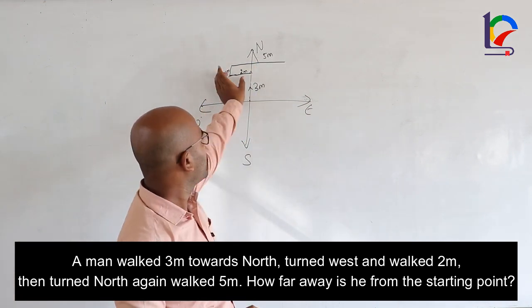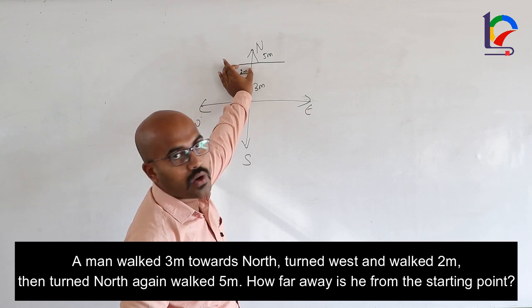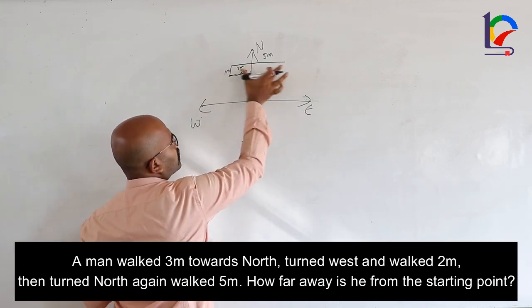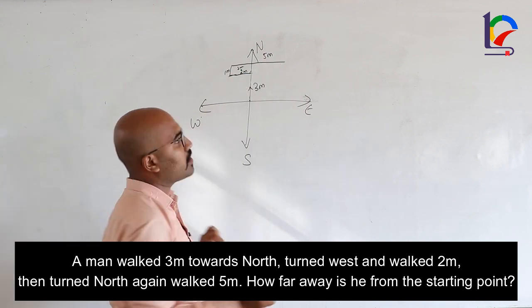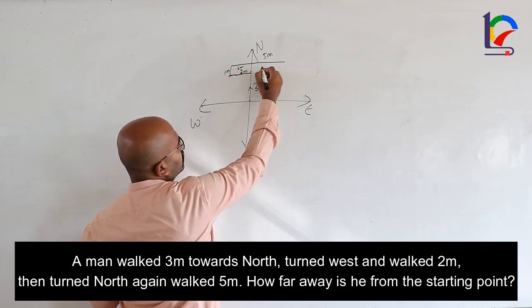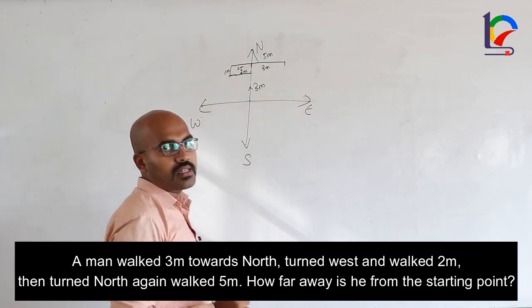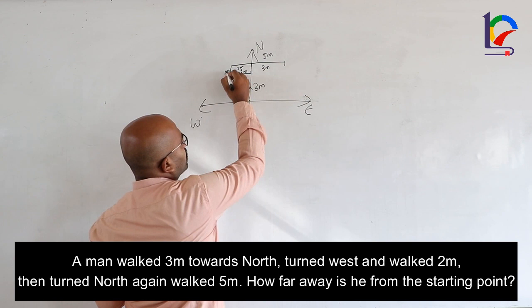As we know, this is 2 meters. This will also be 2 meters. Since the complete distance is 5 meters, 5 minus 2 is 3. This is 3 meters. This is 1.